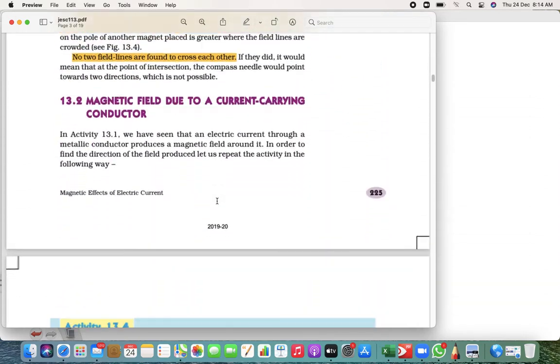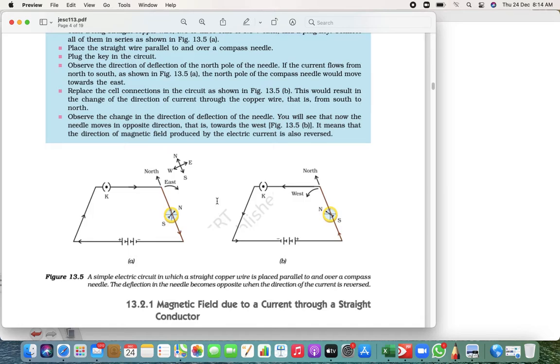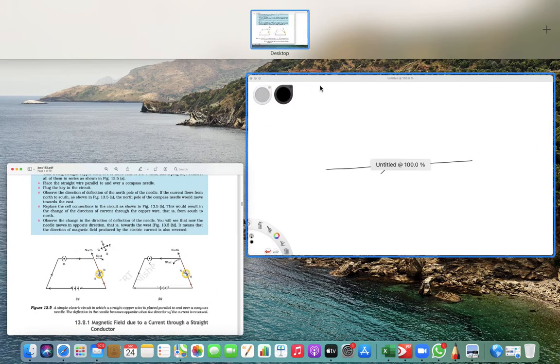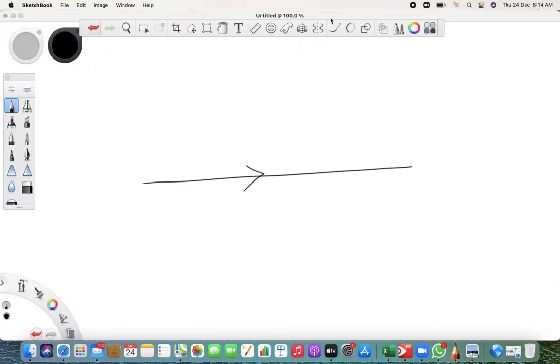This is the procedure he did. He put a compass near the wire and passed a current through it. Let's say we put a compass near here. Ideally, it shows north south, like this.